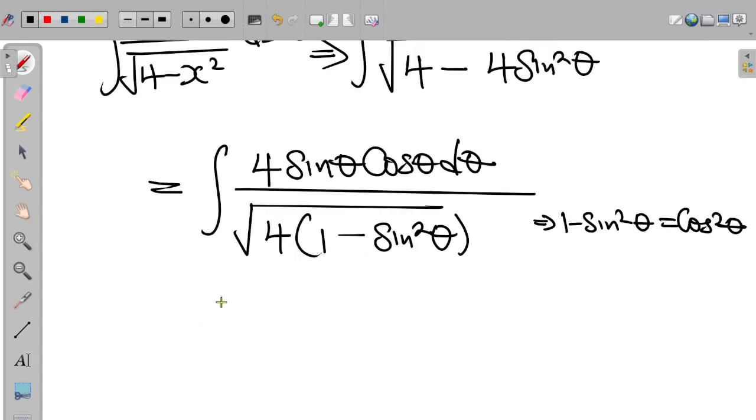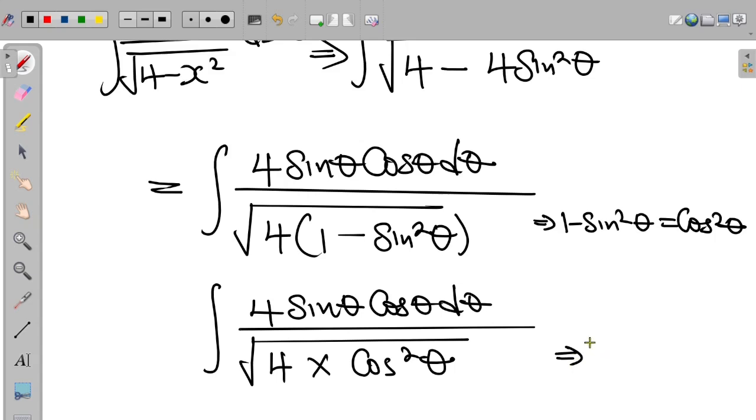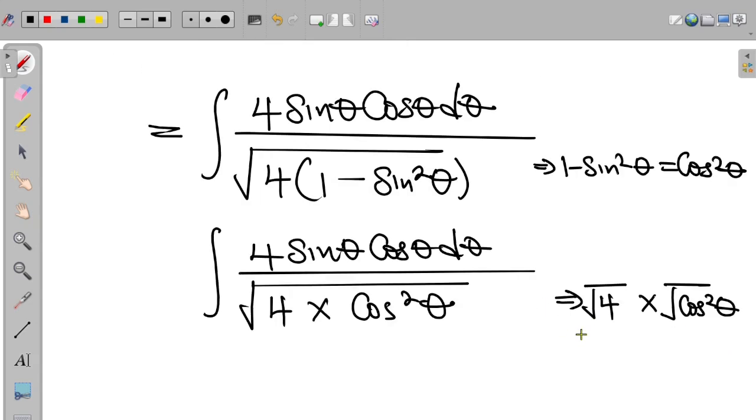So we now have it that this becomes the integral of 4 sine theta cos theta d theta divided by root of 4 multiplied by cos squared theta. Now, the denominator can be given as root 4 times root cos squared theta, and root 4 is 2, and the square root cancels the square, giving cos theta.